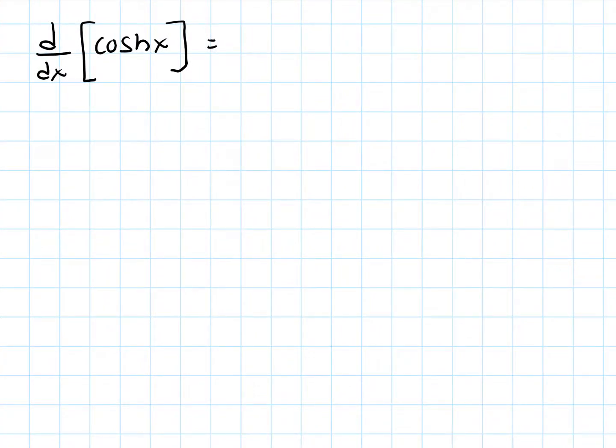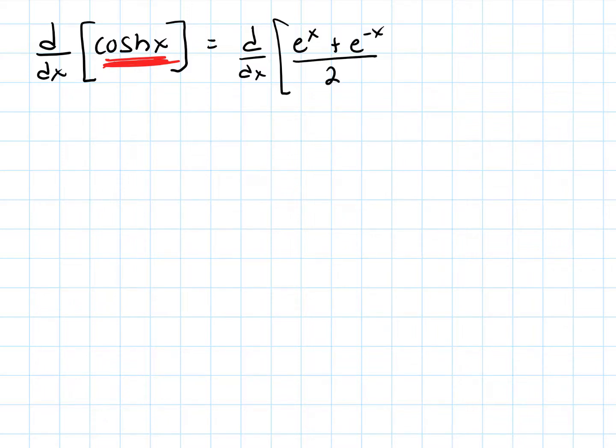Again, we would say, how is the hyperbolic cosine defined as an exponential function? It's (e^x + e^(−x))/2. And so this is going to be a very similar derivative, with slight sign changes.